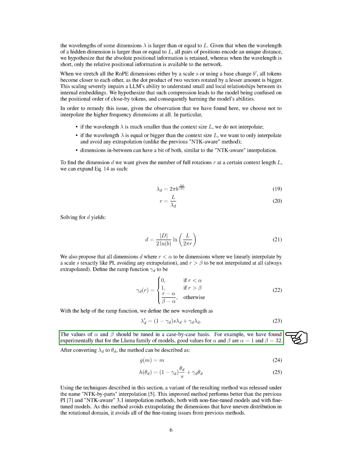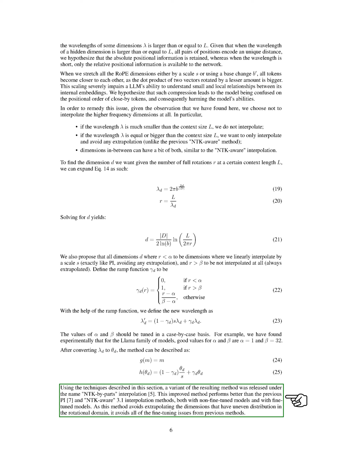For instance, we found that for the Llama family of models, good values for alpha and beta are 1 and 32, respectively. After converting the wavelength to theta, the method can be described as follows. g(m) equals m, and h(θ_d) equals the sum of (1 − γ_d) times θ_d divided by s, and γ_d times θ_d.